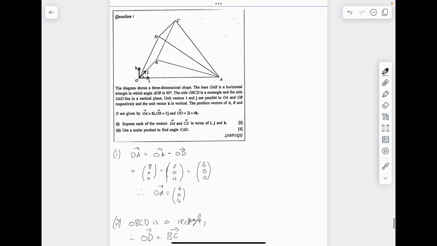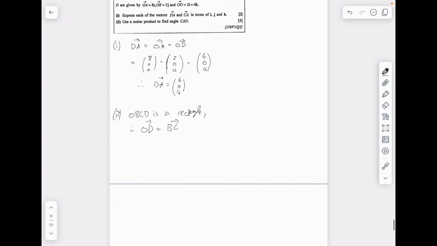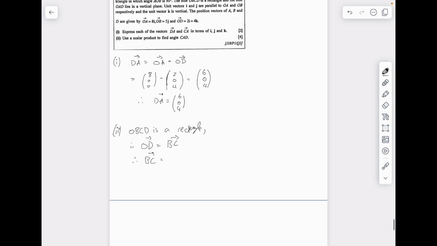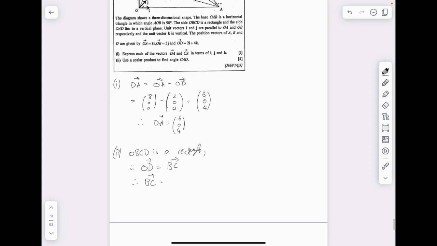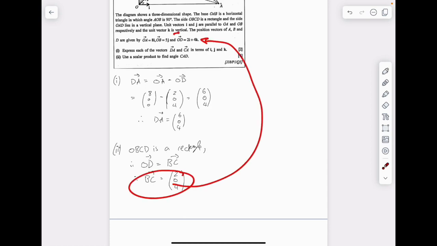So if OD equals BC, effectively what that means is that BC is going to equal, let's see, what's BC equal? 204, because it equals OD.